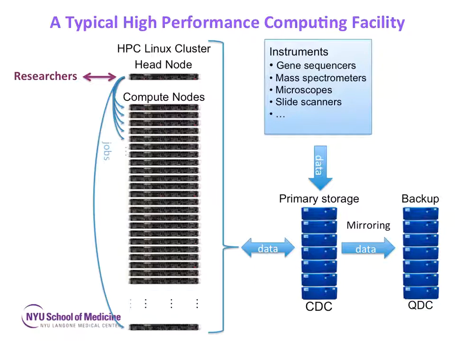Our primary storage is, of course, the one that's tightly integrated and all of the calculation is done on it. But our backup happens somewhere in Quincy, Washington. About 4 times a day, we mirror all the data that is here back to Quincy, Washington.